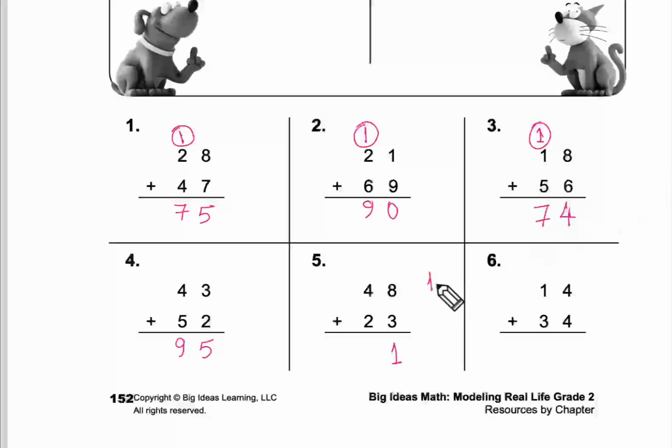My hero, you said 11. So we write down 1 and carry up 1. Okay, you said 7. 1 plus 4 plus 2 equals? 7. Excellent, thank you, my hero. So the sum is 71. Thank you, Sahmi.